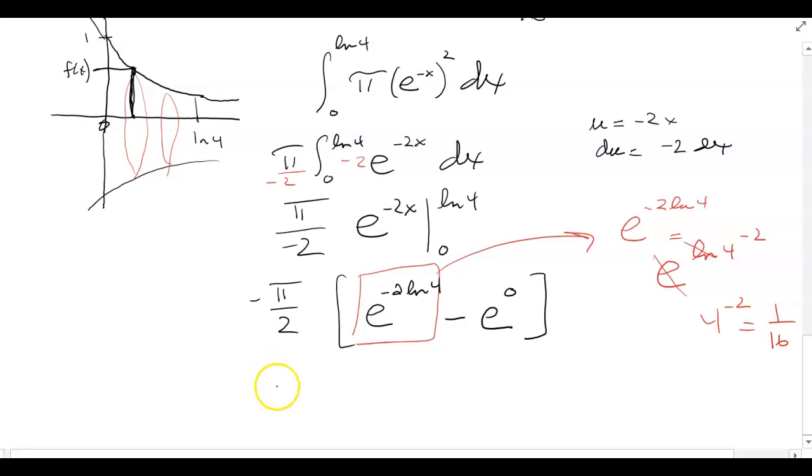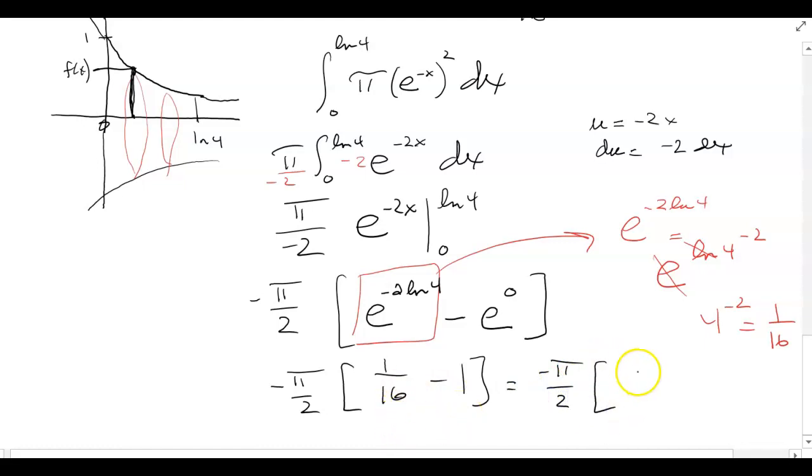So again, didn't need a calculator, but you can use yours. Minus 1. So it's negative pi over 2 times 1/16 minus 16/16, which is negative 15 over 16. So what do we have? We have 15 pi over 32.